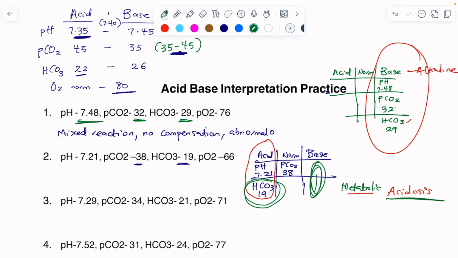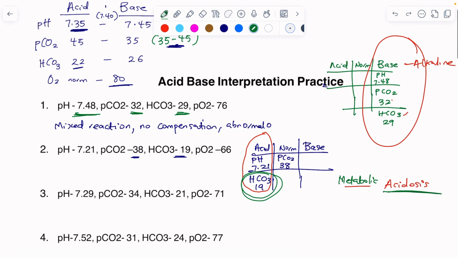Let's move on to the next example. The answer to this one first is, remember, we look at the pH, which is under acidosis over here. Then we look at the HCO3, which is also under acidosis. So that's going to be metabolic acidosis. Is there compensation?